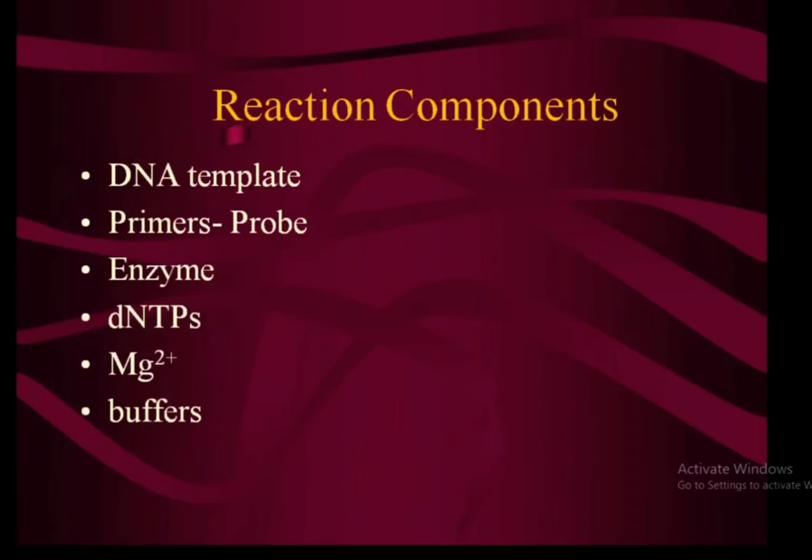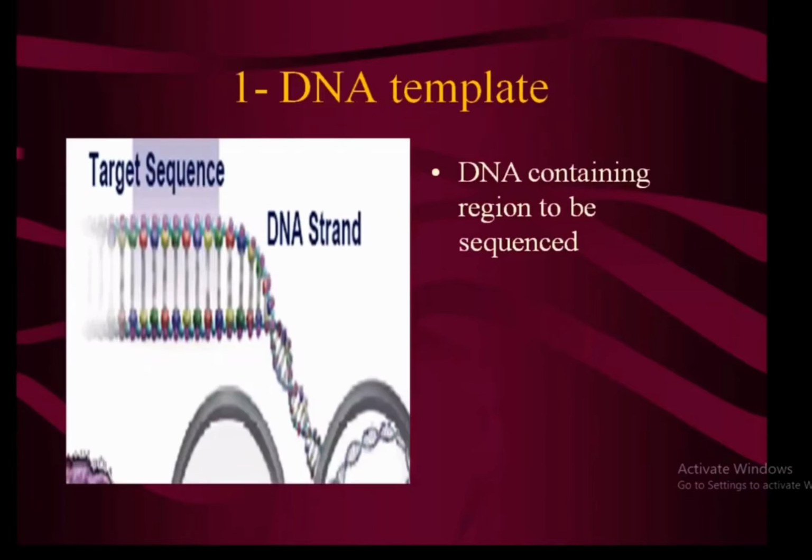Now the reaction components. It comprises a DNA template which bears the desired DNA sequence that has to be amplified, primers, probes, enzyme, deoxynucleotide triphosphates, magnesium ions, and buffer. This is the DNA template, bearing the region that has to be either sequenced or amplified.